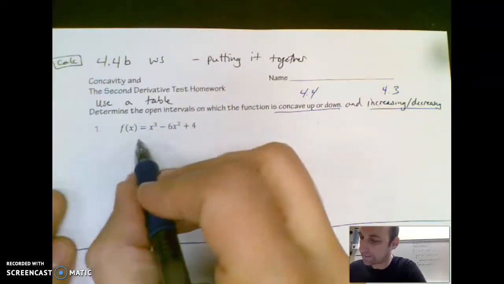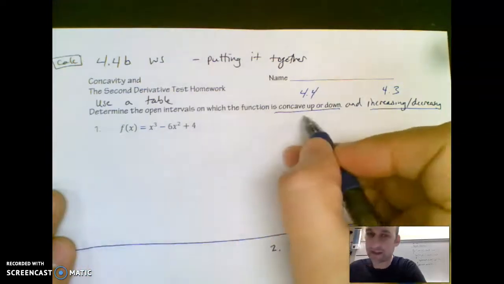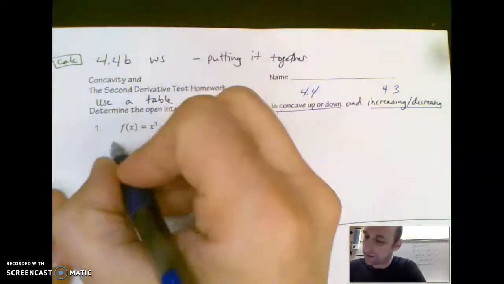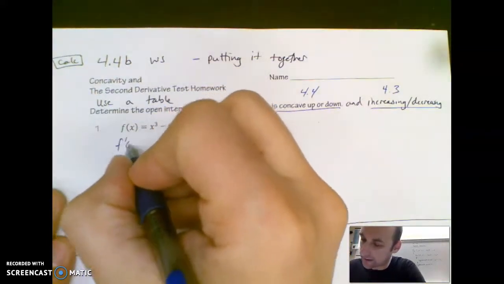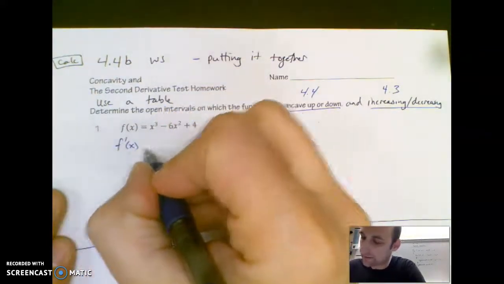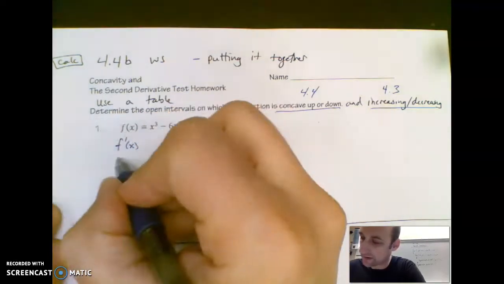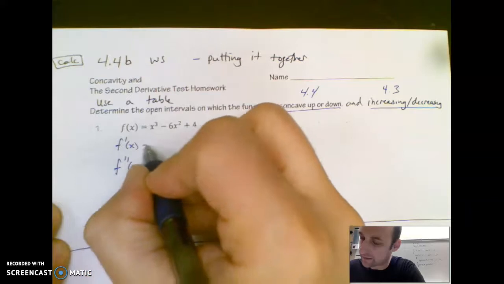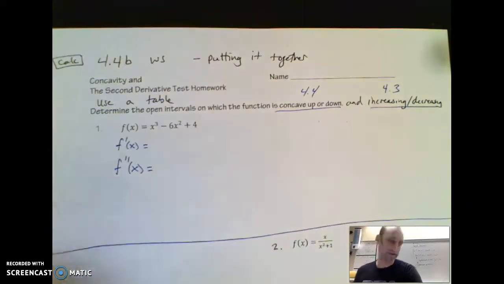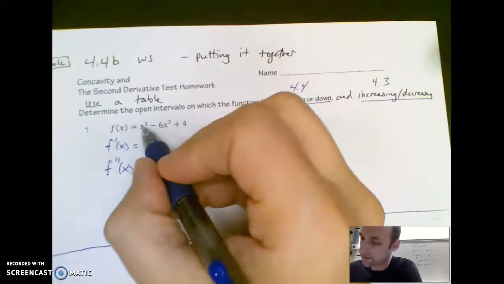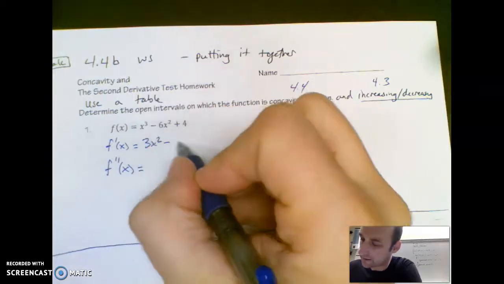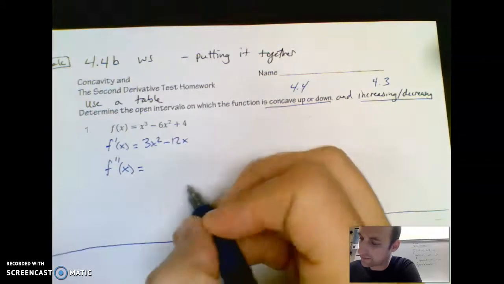First of all, I'm going to need a table for both of these, but I can do it all in one table. But I know before I get going any further that I need to find critical numbers. And I'll eventually need the first derivative and the second derivative, so why not do it right away? So first things first, I'm going to take the derivative of this, 3x squared minus 12x, and the 4 goes away.